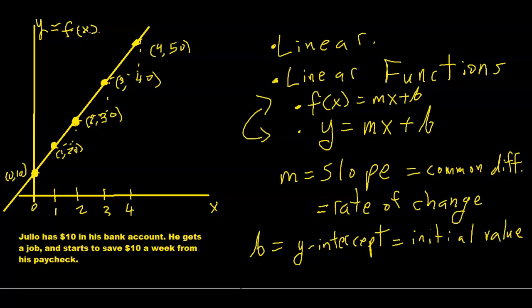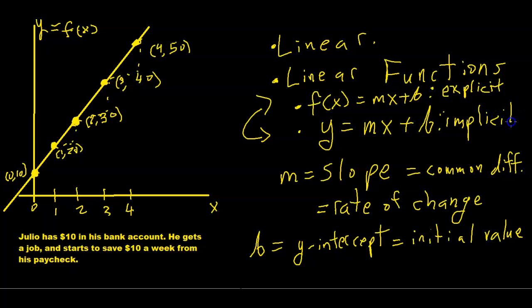Now we do have different ways to refer to these two different forms of writing. They're just very slightly different, right? When we write it as f of x equals mx plus b, we call that the explicit form. We call that the explicit form because we're outright telling you that this is a function. We're actually using function notation to make it super clear that this is a function. When we write it as y equals mx plus b, we call that implicit form.